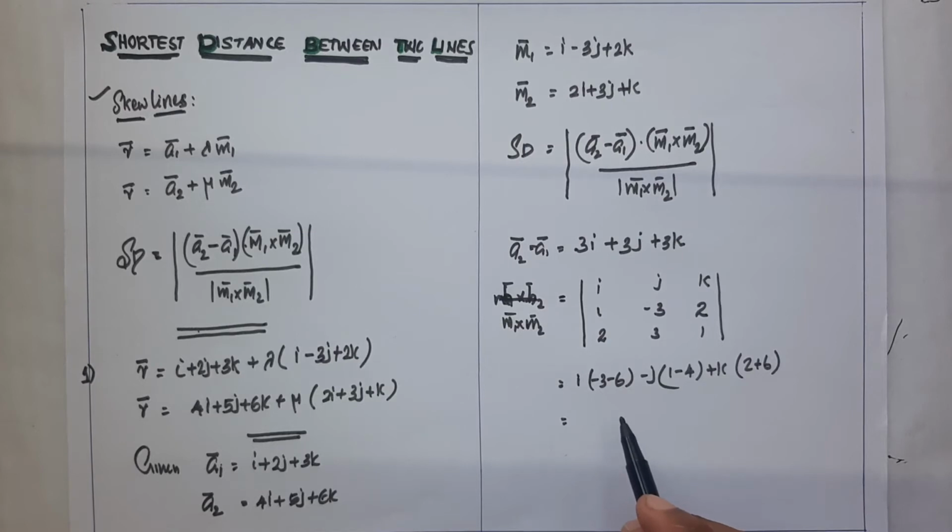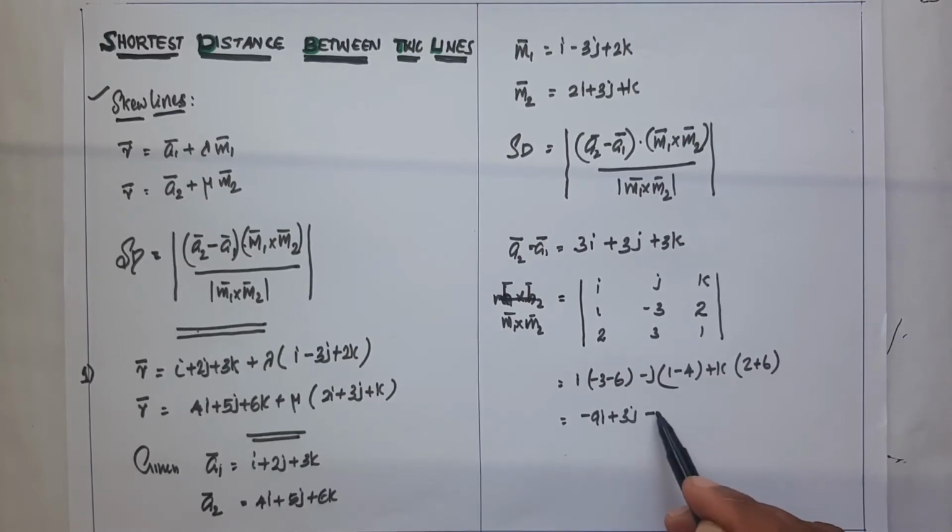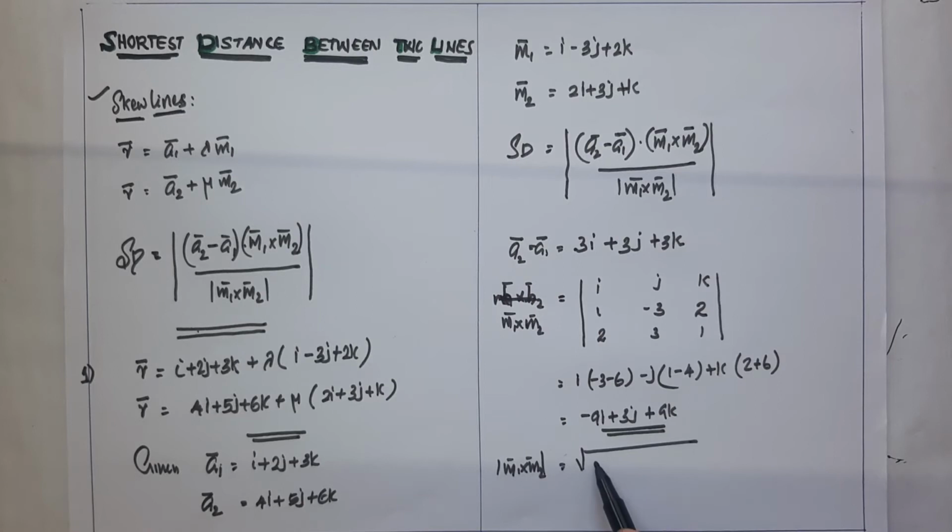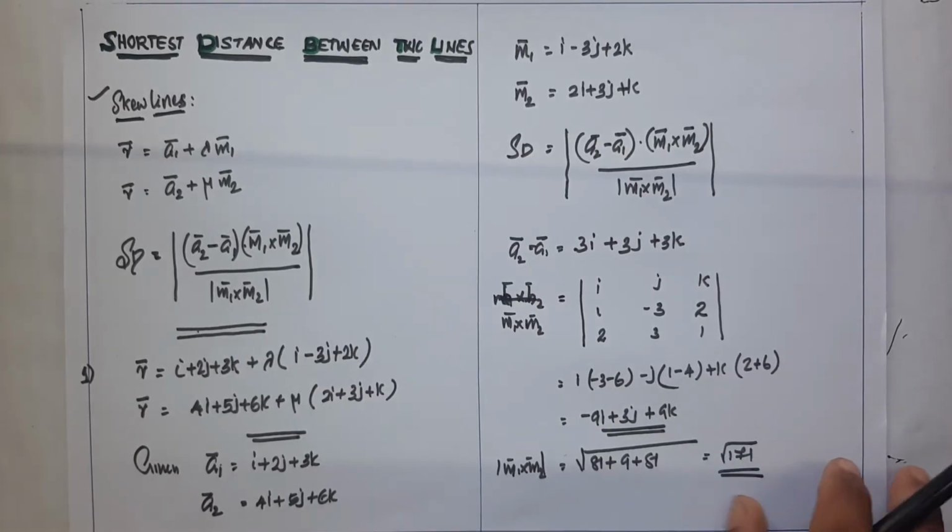We get the answer minus 9i plus 3j plus 9k. Now modulus of m1 cross m2 is equal to square root of 81 plus 9 plus 81, we get answer root 171.